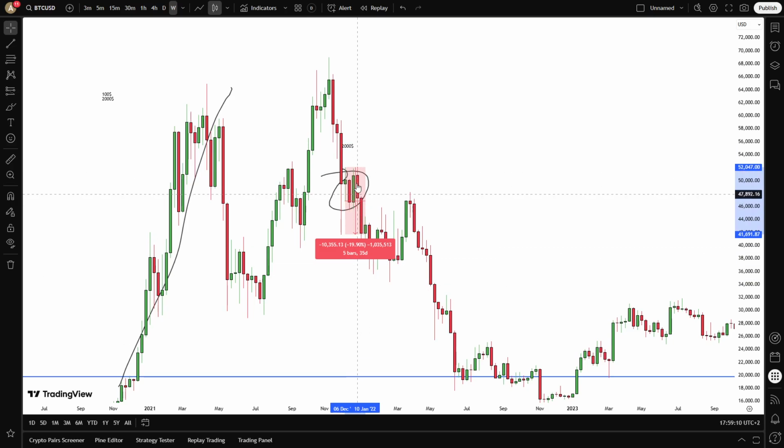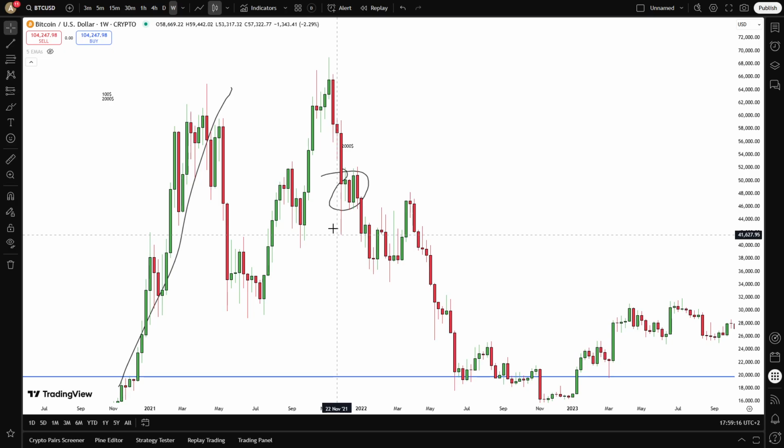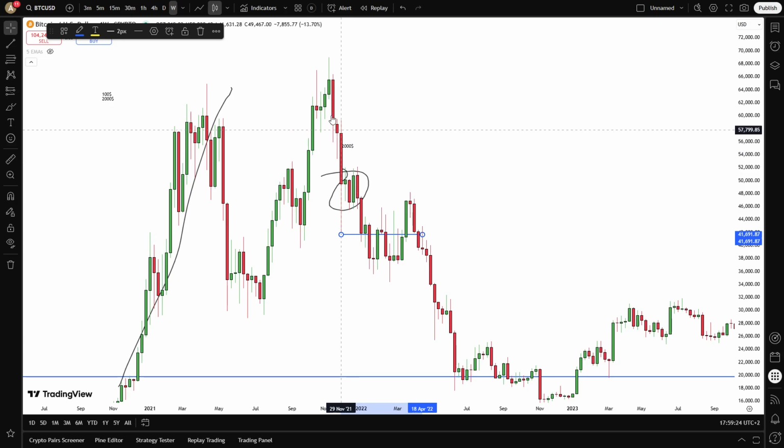And you can already see what happened. Minus 20%, even minus 30%. But when it closed below this, this was my bear market line. And I told myself, if we get below this, the bear market will start. And technically, of course, it already started here, but you cannot confirm that the bear market has started here.